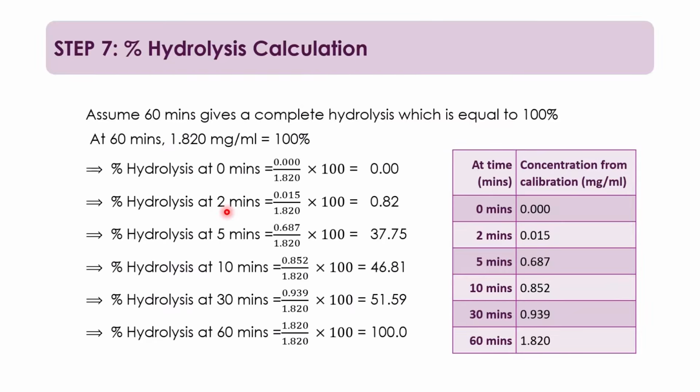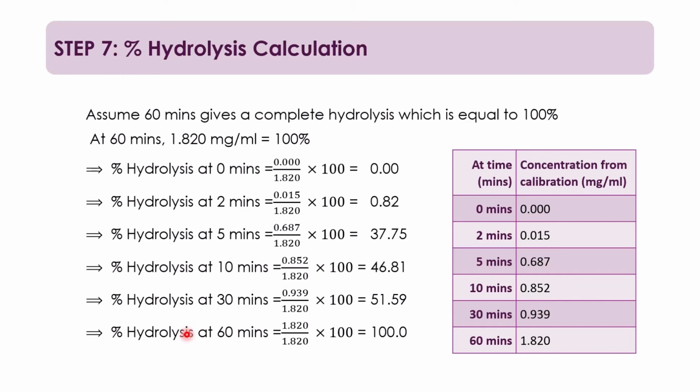The percentage hydrolysis at 2 minutes will be 0.015 divided by 1.820 times 100, giving us 0.82. The percentage hydrolysis at 5 minutes will be the concentration 0.687 divided by 1.820 times 100, and we get 37.75. At 10 minutes, it will be the concentration over here divided by 1.820 times 100, and we get 46.81. At 30 minutes, it will be this concentration divided by 1.820 times 100, giving us 51.59.